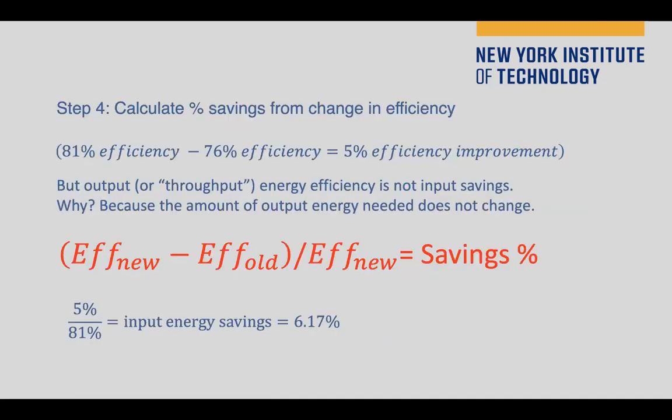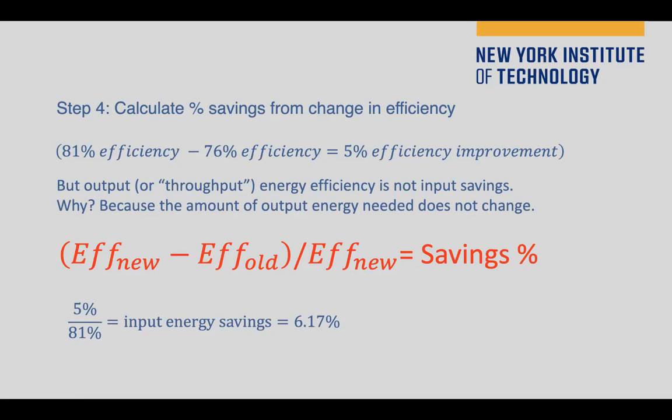Some people are confused and think saving is equal to efficiency. But I can tell you, saving is not equal to efficiency. Saving may be more than the efficiency. Why? Because we have the same output but different input, and efficiency is output over input.